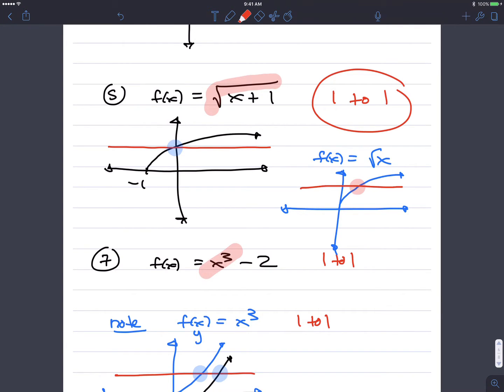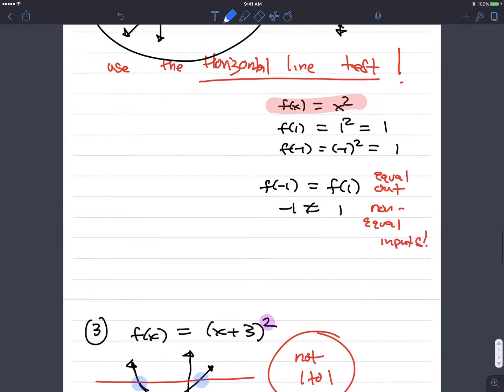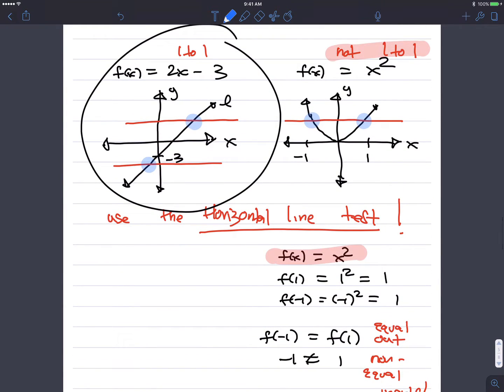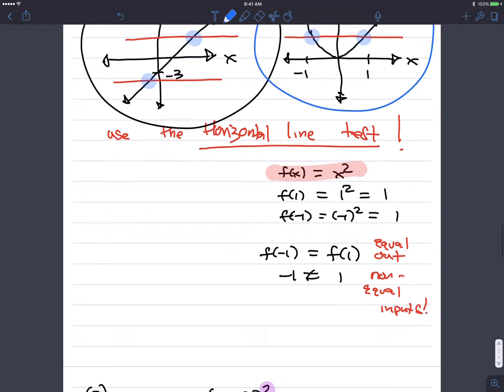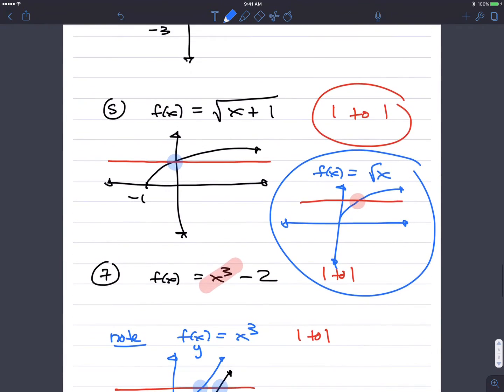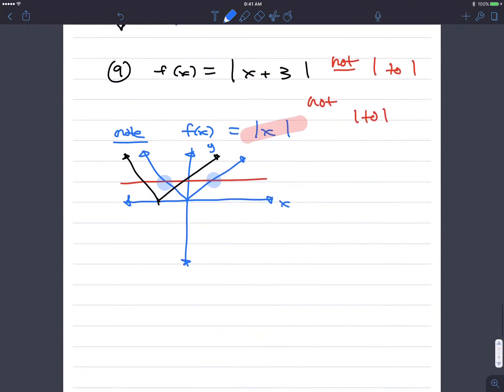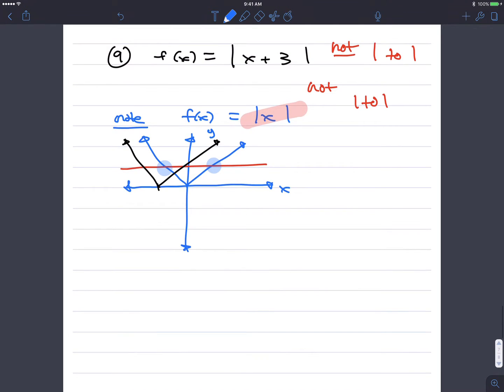So in my mind, I go back to these curves that I remember. All of these here. That curve, I think I wrote it somewhere, x squared, not 1 to 1. I know the square root curve, the x to the third power curve, my absolute value curve.